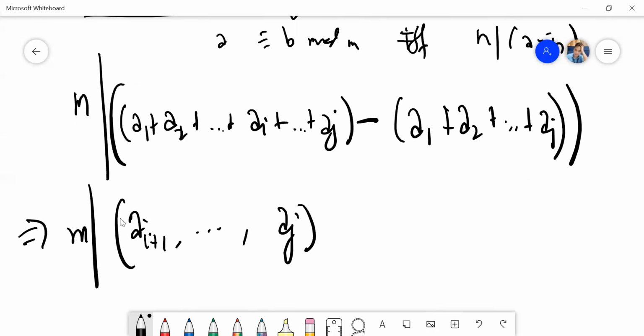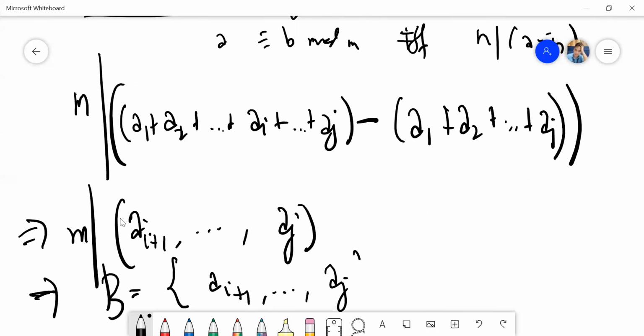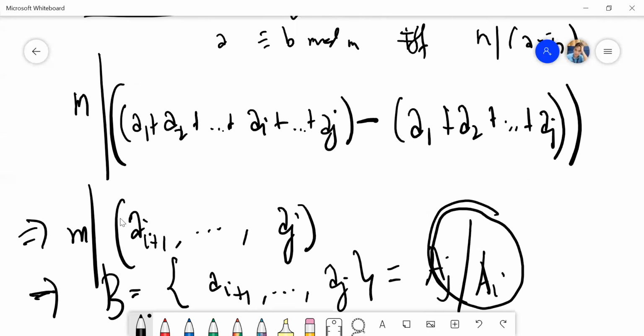Therefore, our B here is AI plus 1 up until AJ. This is just the sum from AI plus 1 to AJ. So this is now our desired B. Therefore, such B exists. That's it.